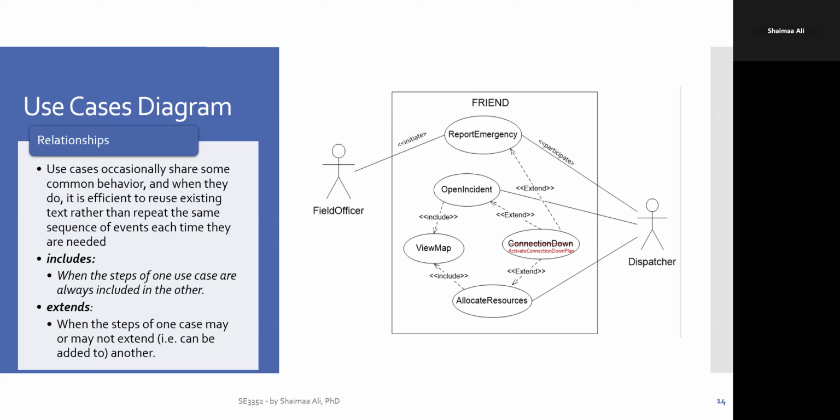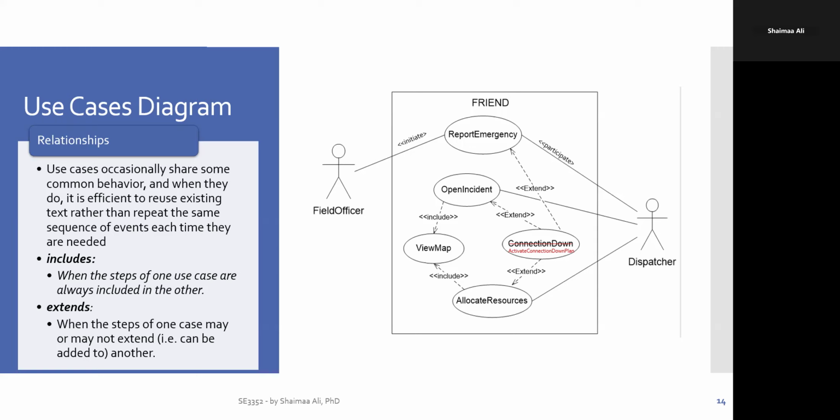So there is the include and the extend. When you have a set of steps that you noticed are repeated in multiple use cases, you can just put them in one use case by themselves and make them included, just to organize your work.